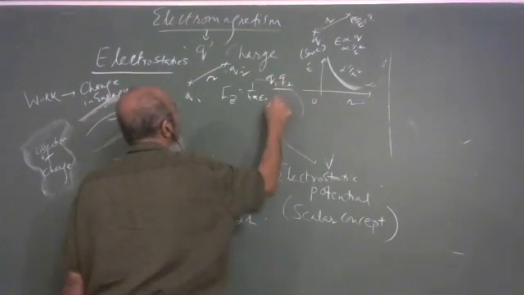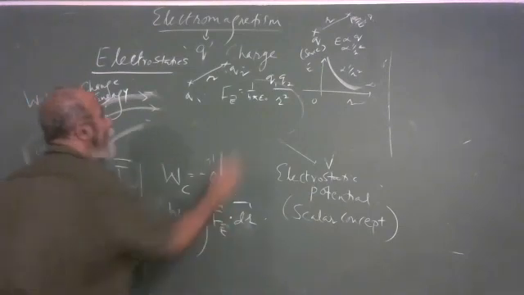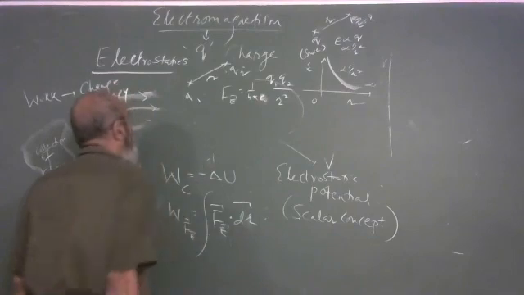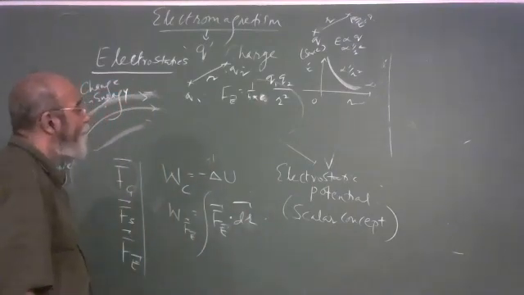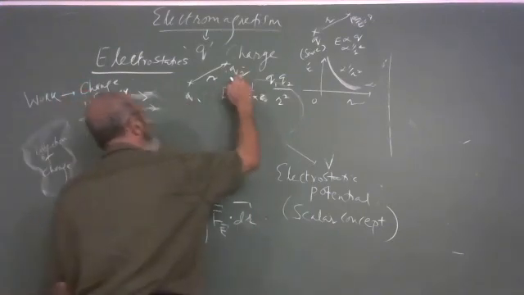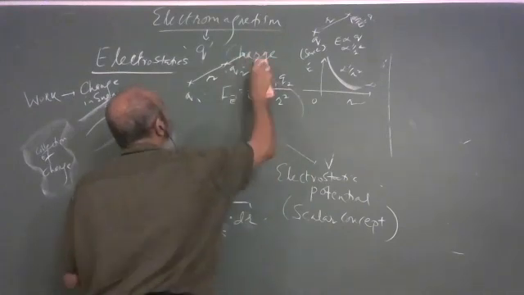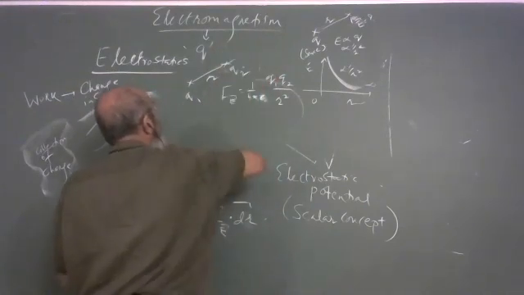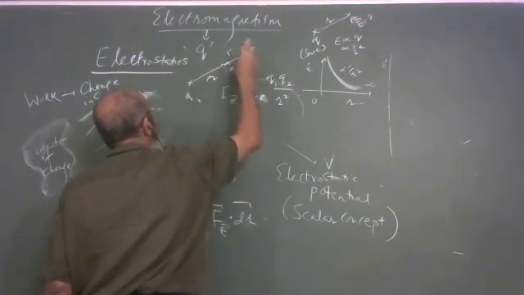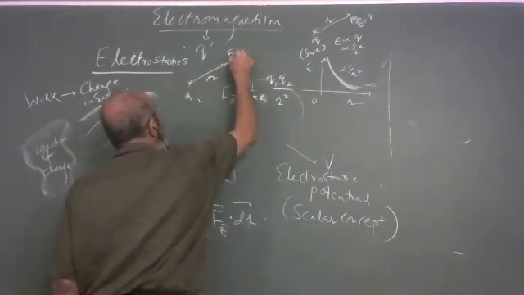This is not E, this is epsilon naught. Then if both these are positive, that means the force is going to be like this. Repulsive force, right? So the force on this will be, let us say we only represent it on this for the time being, equal and opposite.